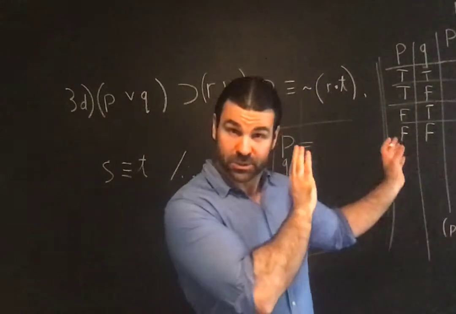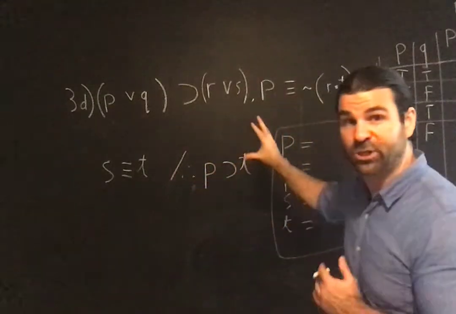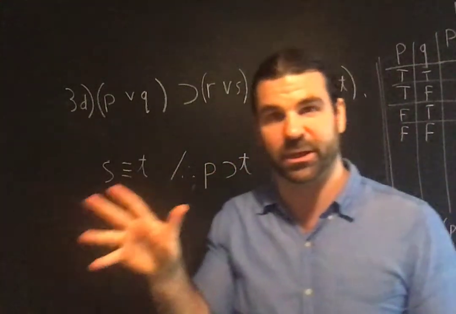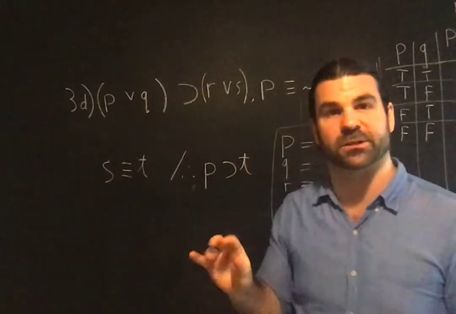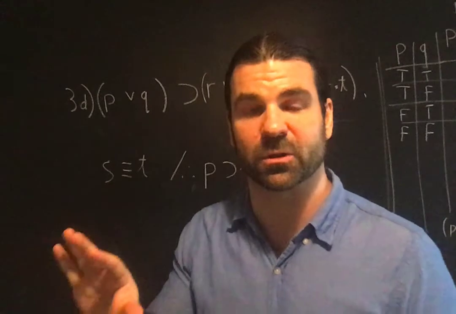Whereas the truth table computing was bottom up, as I said, this is going to be top down, because I'm trying to construct a counterexample. I'm trying to find an assignment of truth values that makes all the premises true and the conclusion false.